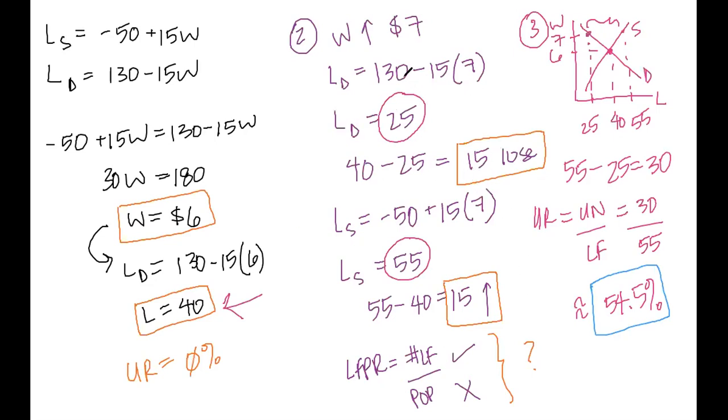Then I used the new labor demand and labor supply I found to figure out the amount of unemployed people and then the unemployment rate. So a pretty straightforward problem, just a lot of application and thinking things out. But I think it's very manageable. But that is all of number 1. So I'm now going to move on to number 2.